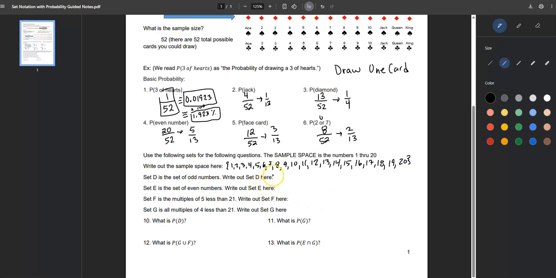I'm going to list them out right now. Again, D is the set of odd numbers. And then we're going to go from there. E is the set of even numbers.